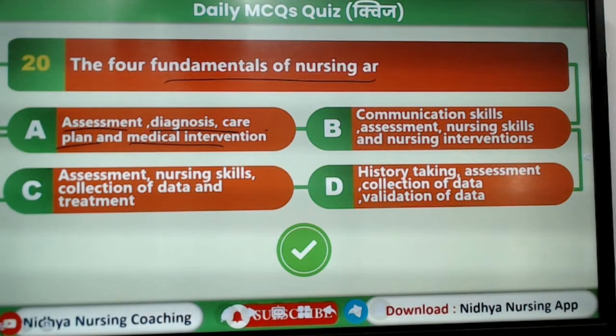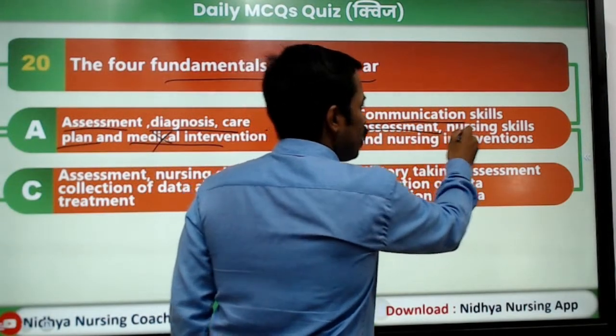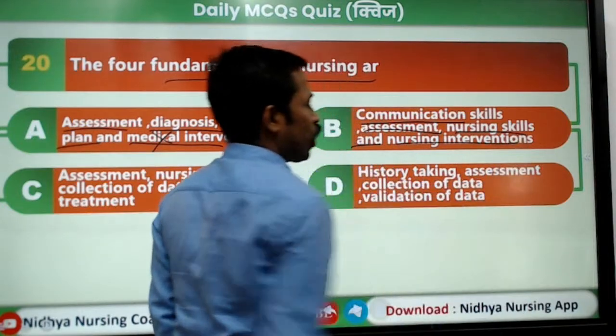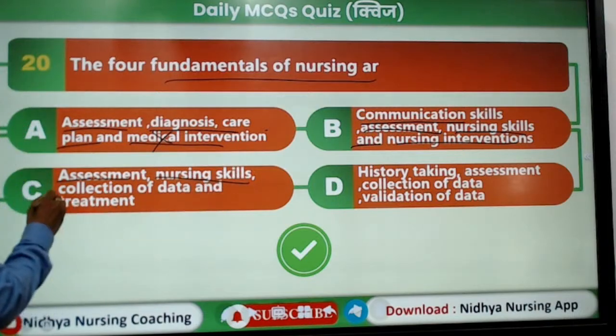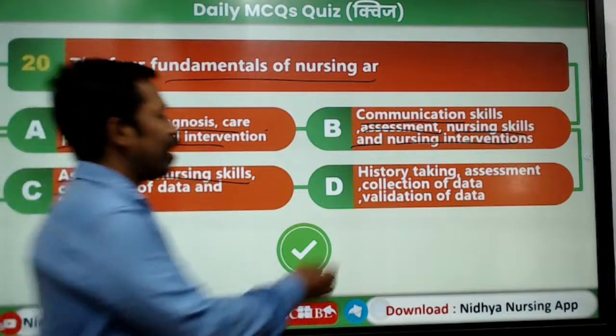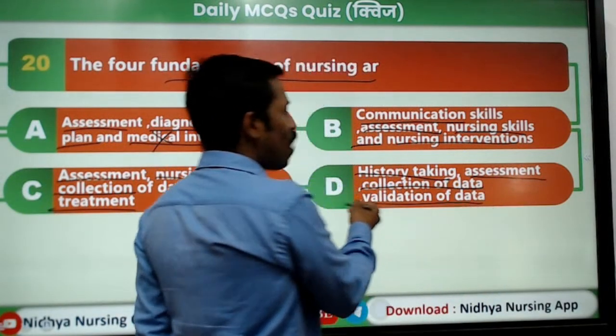Is it medical intervention or nursing intervention? Nursing intervention. Communication skills, assessment, nursing skills, nursing intervention. Assessment, nursing skills, collection of data and treatment. History taking, assessment, collection of data, validation of data.